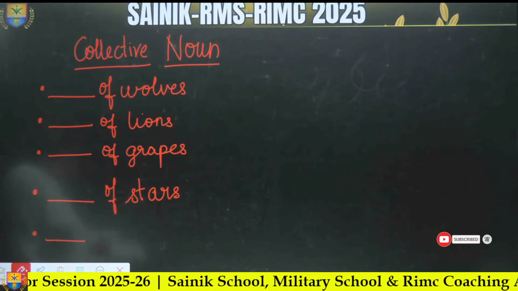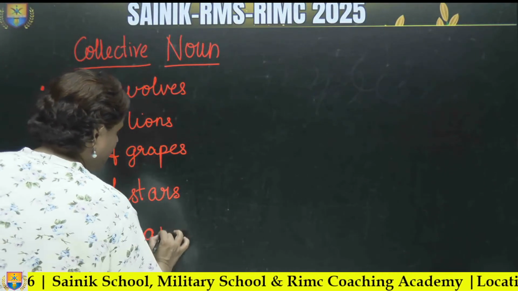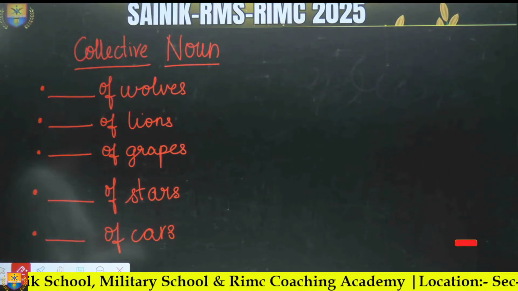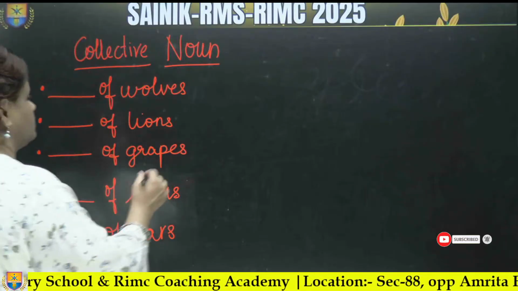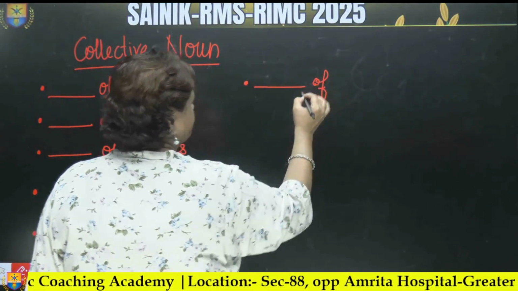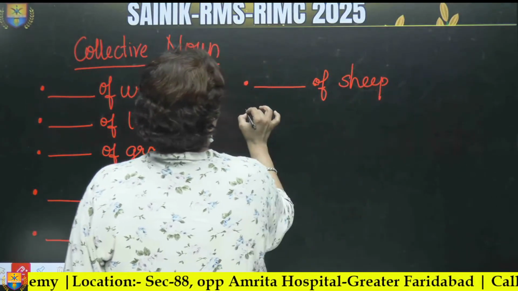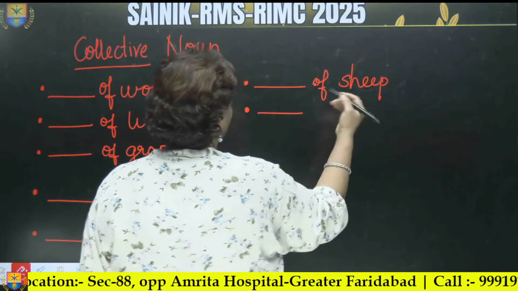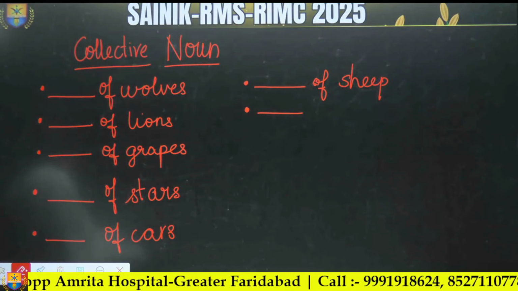Next, dash of cars. Dash of sheep. Remember, the plural form of sheep is also sheep. It is not sheeps, it is only sheep.